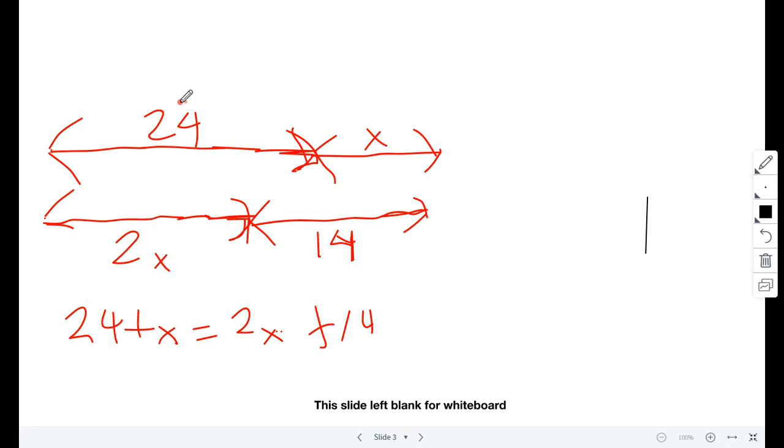Okay, so what you would do is 24 minus 14 equal to 2x plus 10 to x.